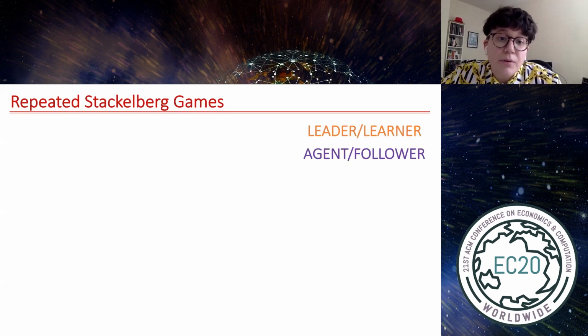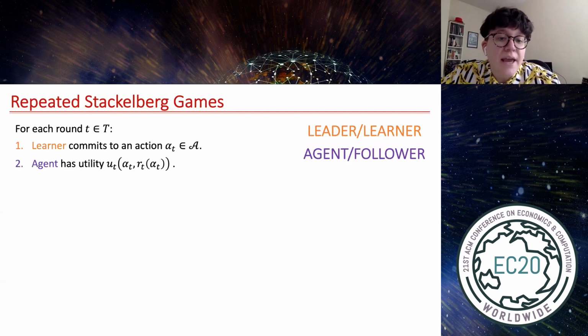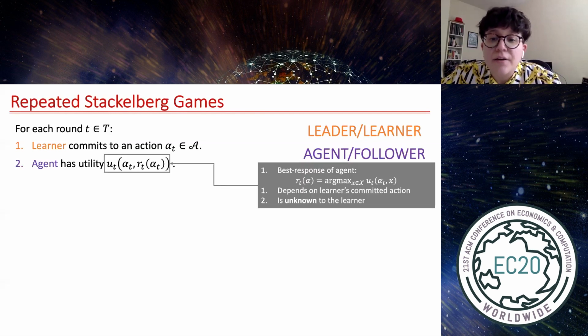So in a Stackelberg repeated game, there's a leader called also the learner and an agent who is the follower. And for each round T, the learner commits to an action. Now this action can be a classifier or a deployment of resources. The agent has some utility that, very importantly, is unknown to the learner and depends on the learner's committed action.